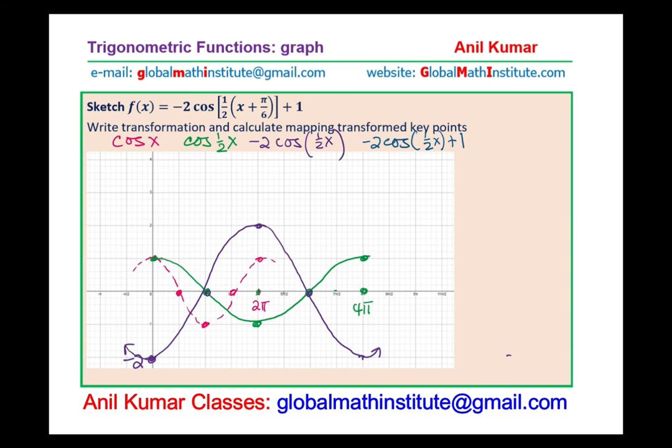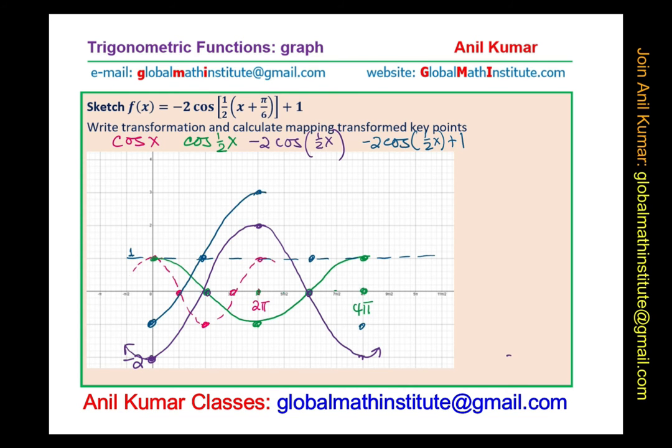Plus 1 means the axis itself will move 1 unit up, right? So instead of y equals 0 being the line of symmetry, the axis will now be at 1. Every point will move up by 1 unit. You get the whole idea, right? So we are moving every point up by 1 unit. And then what we observe is that the cosine function will be kind of like this, right? Showing you in blue, right?